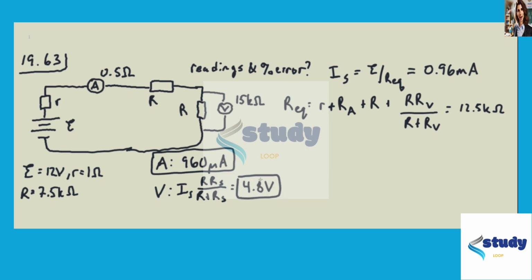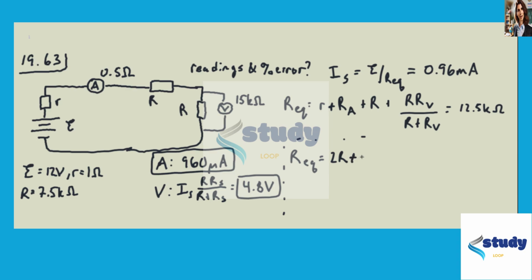So then if there weren't any meters in this circuit, then the equivalent resistance would just be the series combination of the resistances.